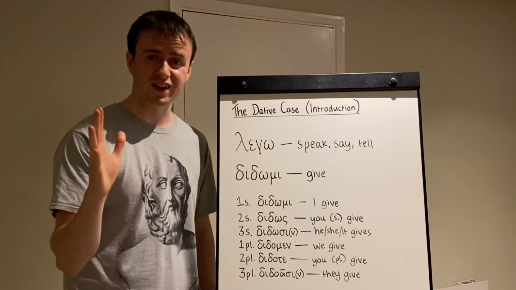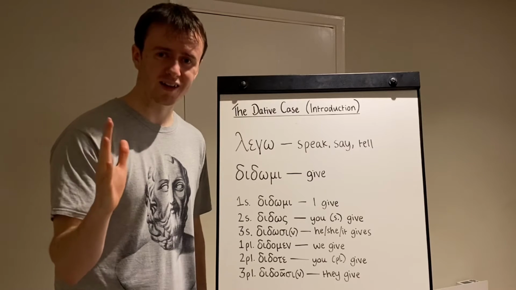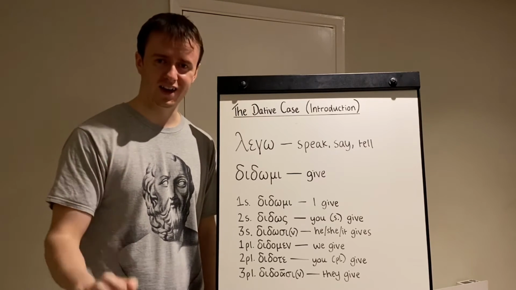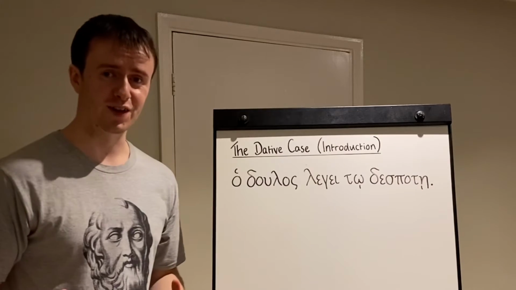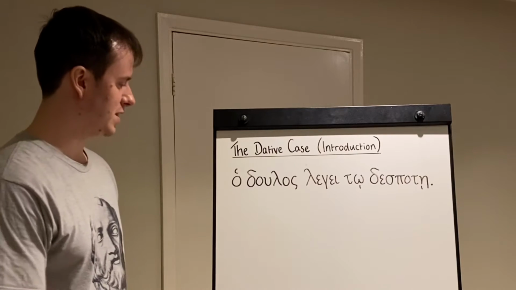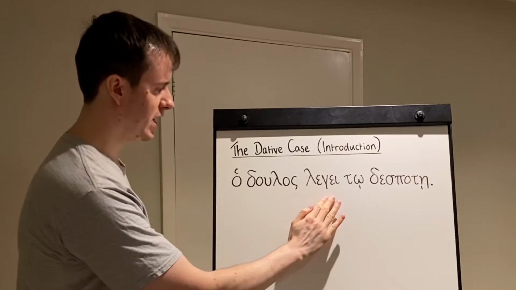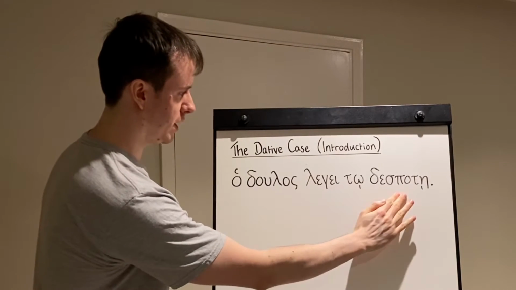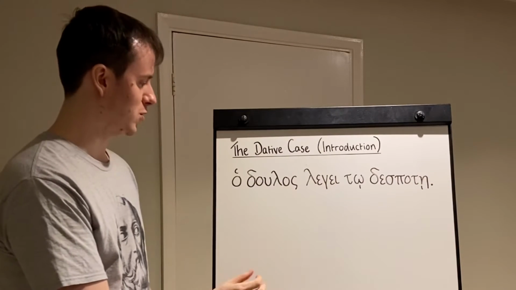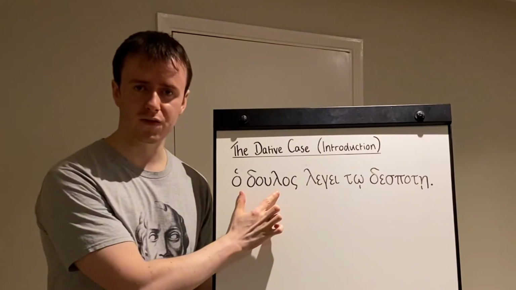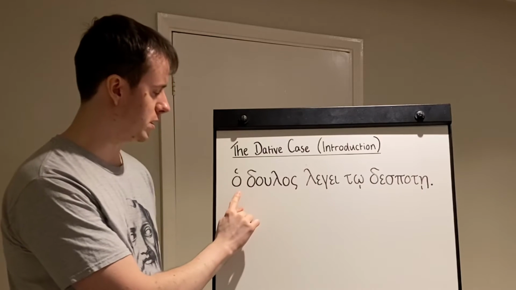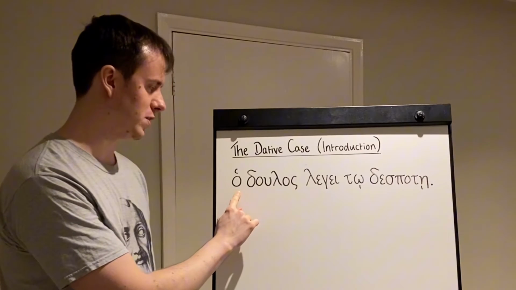So, with that said, let's look at some examples of the dative case in ancient Greek. Okay, here is our first example. And it says, ho doulos legei tōi despotēi. So, to begin with, we know that the slave is the subject because ho is the masculine nominative singular definite article.